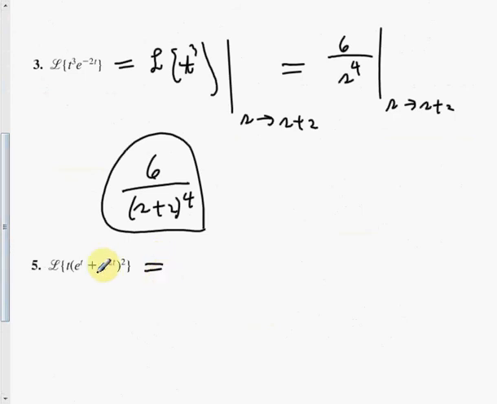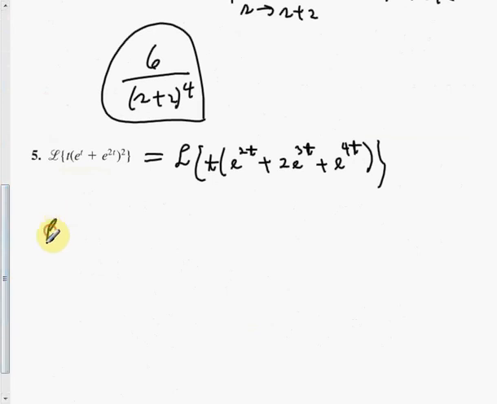So for this problem, we're just going to expand all that out. This is t times (e to the t plus e to the 2t) all squared. So this is e to the 2t, using FOIL, plus 2 times e to the 3t, plus e to the 4t.